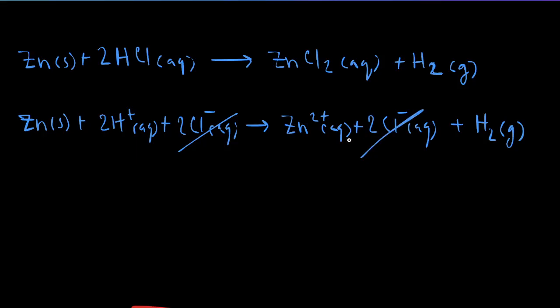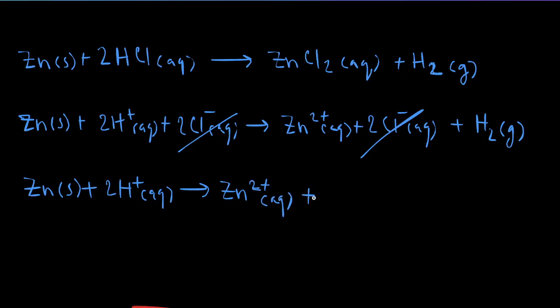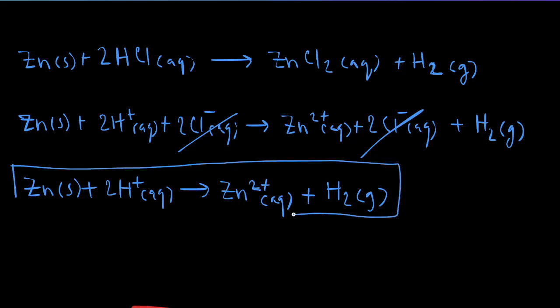And so we get our net ionic to be Zn solid plus 2H plus aqueous gives us, and here we go. This here will be our net ionic equation for this reaction.